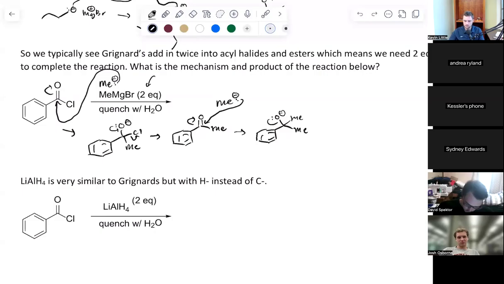No, there's no leaving groups. So it has to be quenched with water, and I form this. Those methyls are the same as just nothing at the end.